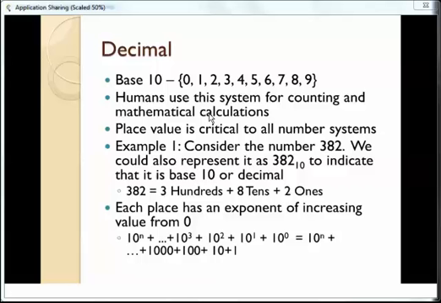And you may not have thought about it like this, but we can start with the exponent of 0, and as we move through the higher orders or the higher place values, we increase our exponent from 0, 1, 2, 3, all the way up to n.